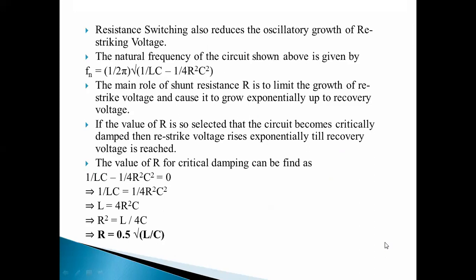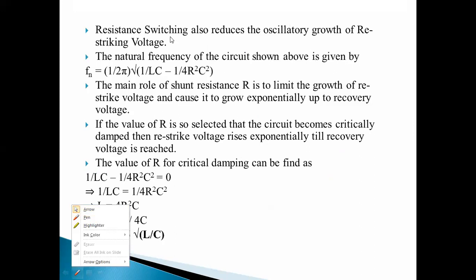Now here the resistance switching also reduces the oscillatory growth of restriking voltage. म्हणजे जे ट्रान्झिएंट्स प्रोड्यूस होतात, म्हणजे जे ऑसिलेशन्स प्रोड्यूस होतात, तर ते पण डिक्रीज करते.